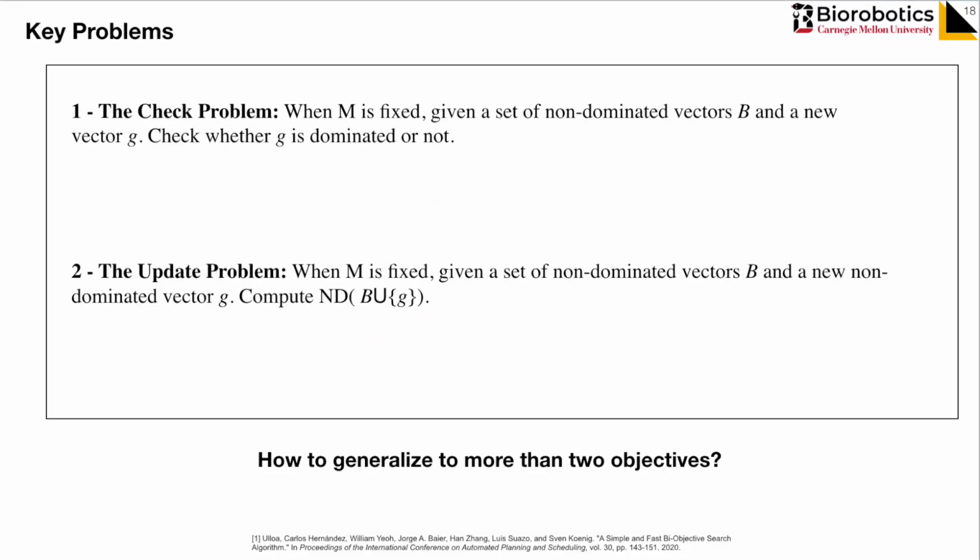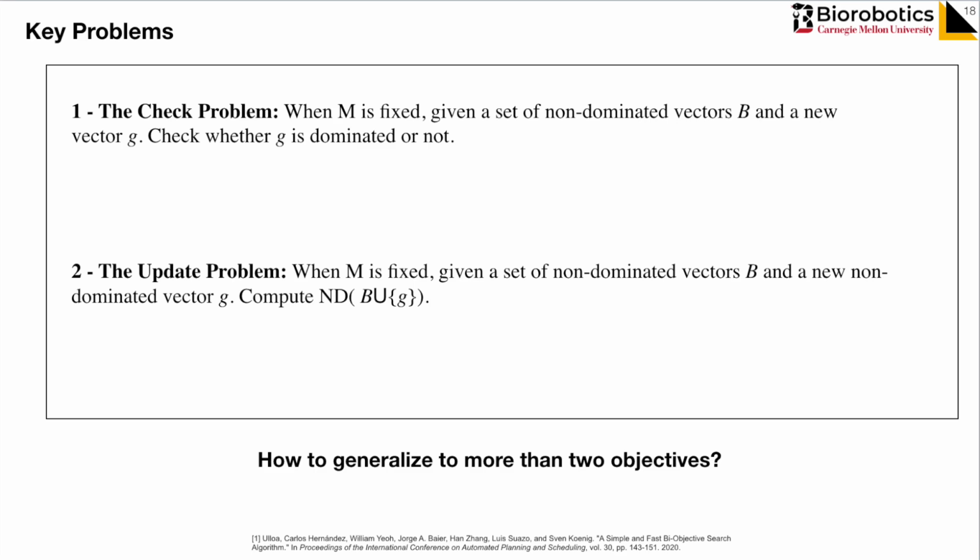Okay, now let's go back to the big picture. So basically, there are two key sub-problems in this multi-objective A-star-like search. The first one is the check problem. That is, given a set of non-dominated vectors B and a new vector G, we want to check whether G is dominated or not. And second is the update problem.